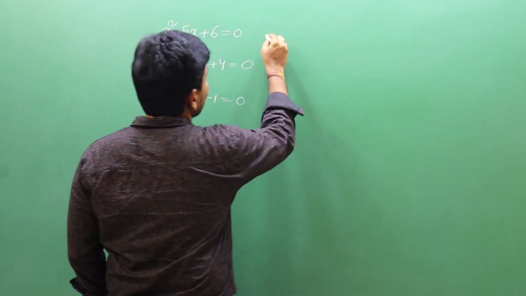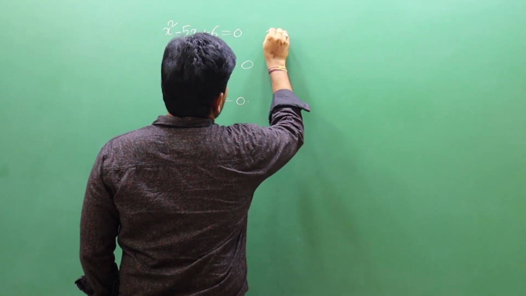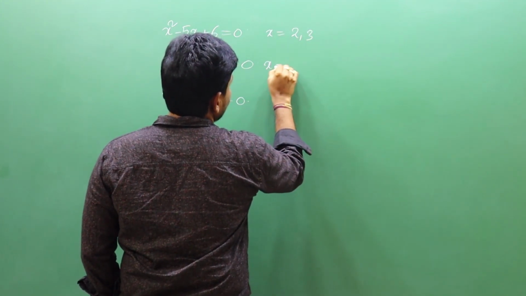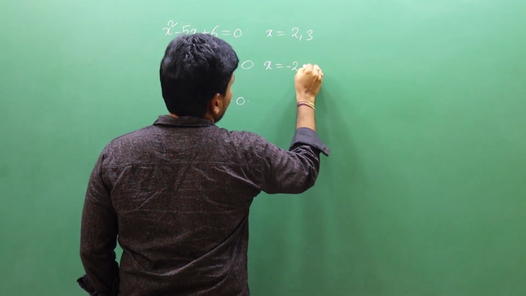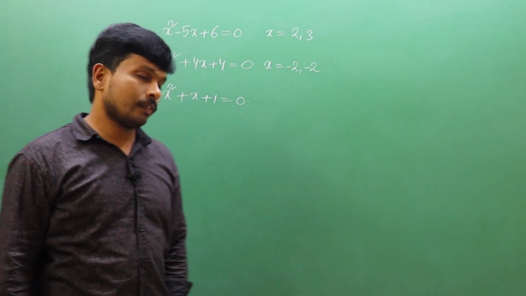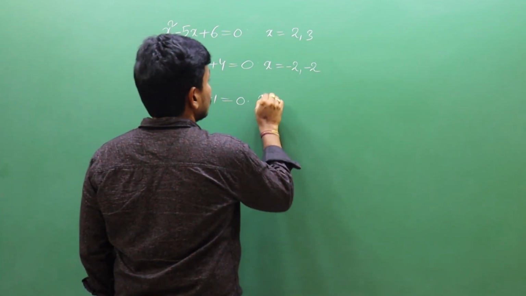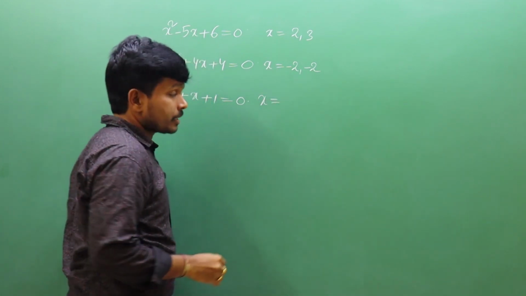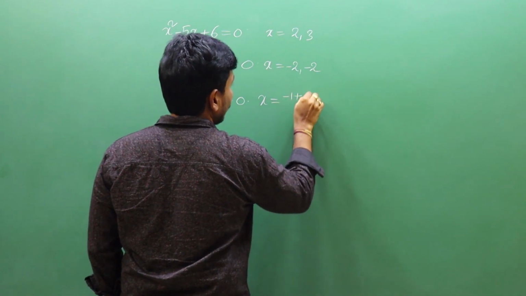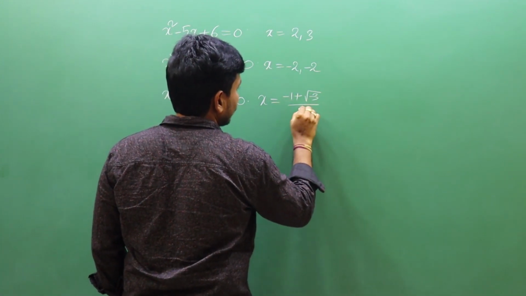Okay, first one answer: x values are 2, 3. Second one answer: minus 2, minus 2. Roots are real and equal. I think you have done all these things. So here, third one is x equal to minus 1 plus root minus 3 by 2.